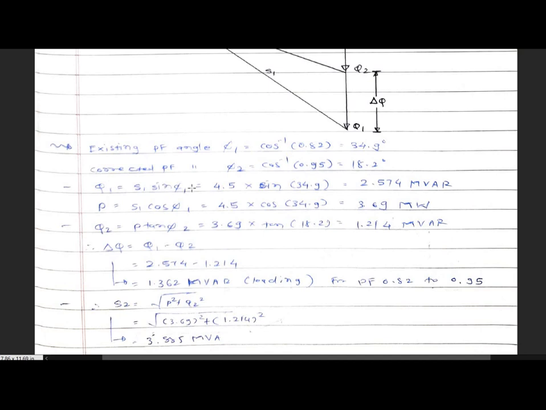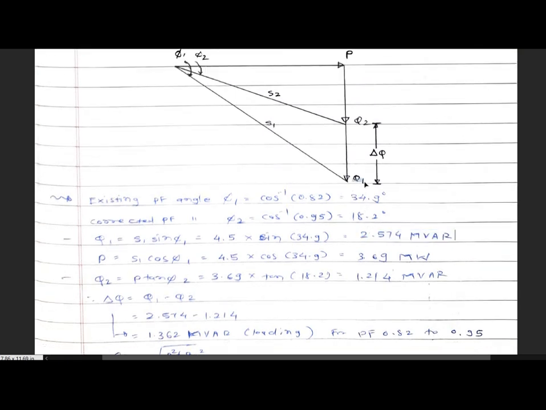Put the value of S is equal to 4.5, sine 34.9 is equal to 2.574 MVAR. So this is the value of Q1, given by 2.574 MVAR.